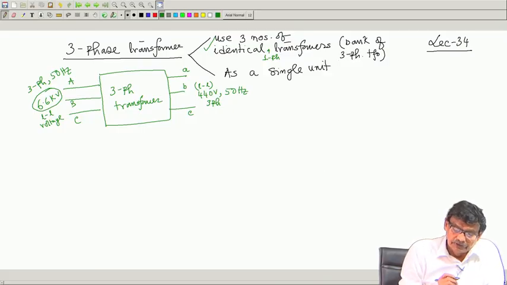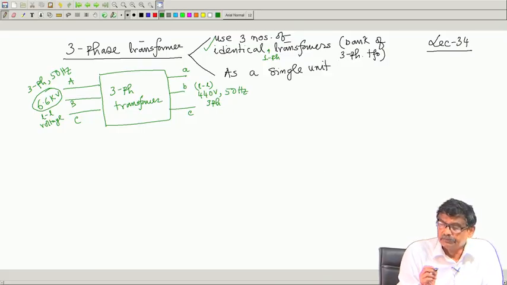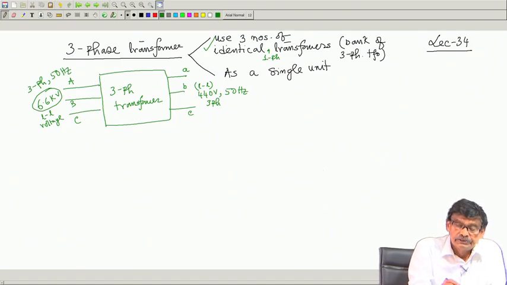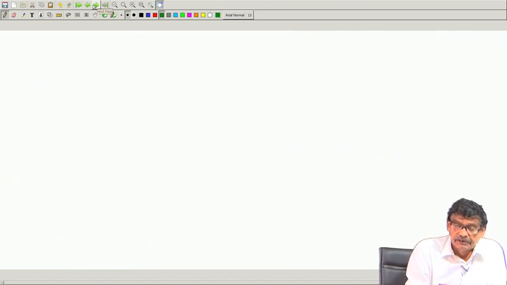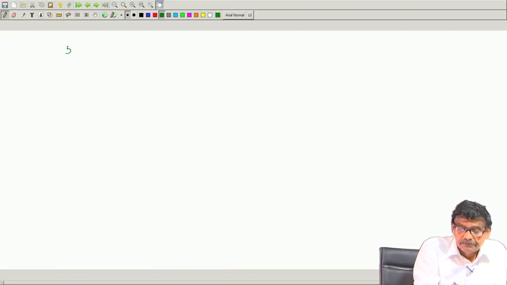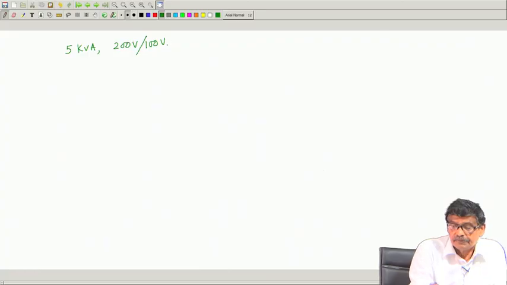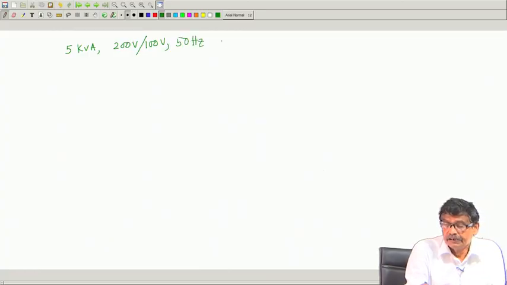Now, let us assume that I have 3 numbers of single phase transformers, each of rating say 5 kVA, 200 volt stroke 100 volt, 50 hertz single phase transformer.